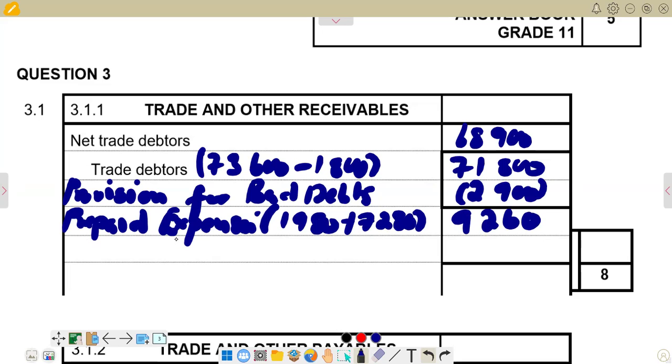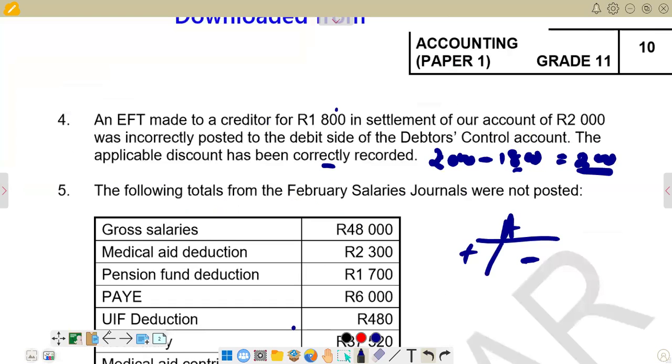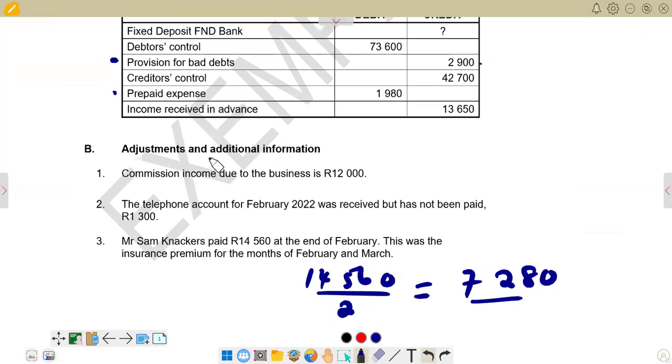And on the next one, we are now going to look for accrued income. It's also part of trade and other receivables. So we check at the beginning of the question to see if we have an accrued income there.